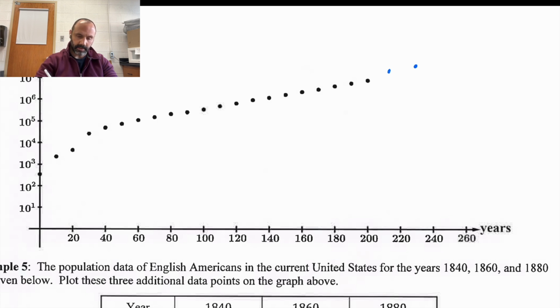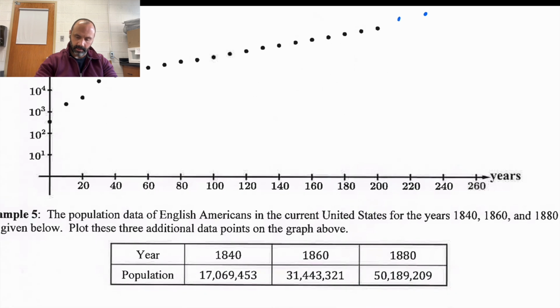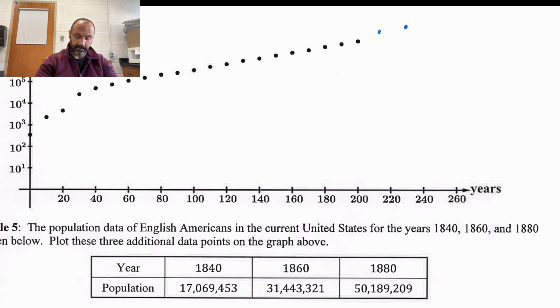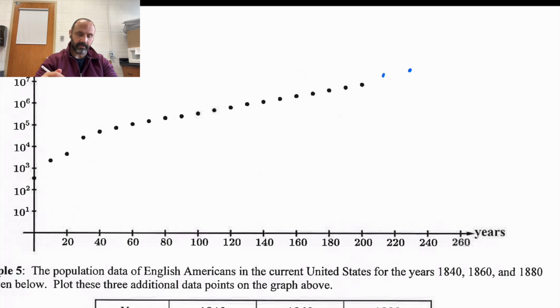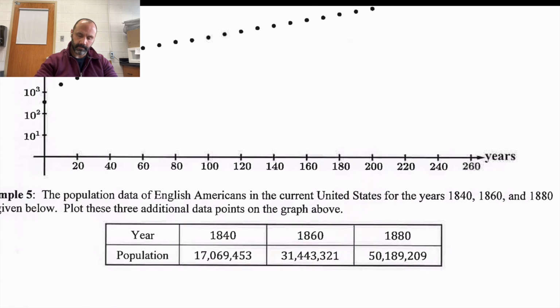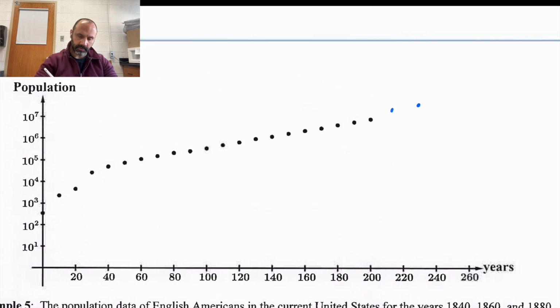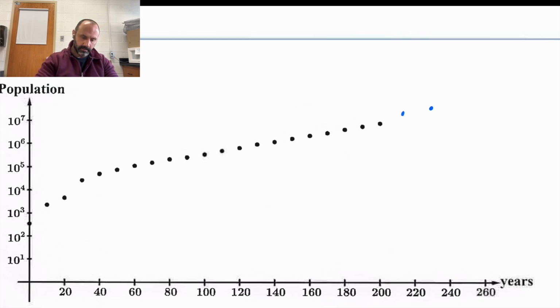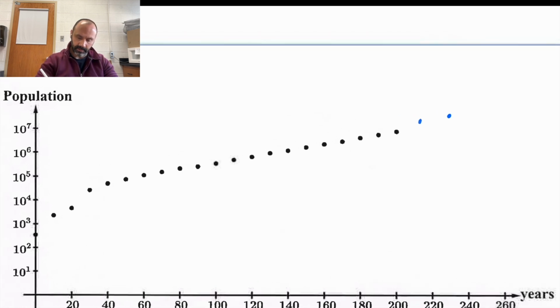And then 260 years later, 1880 is 50,000. That's probably halfway to the next one, because 50,000 is halfway between 10 to the 7th and 10 to the 8th. I'm pretty far from the axis over here, so I'm just trying to estimate about where I think it would be.